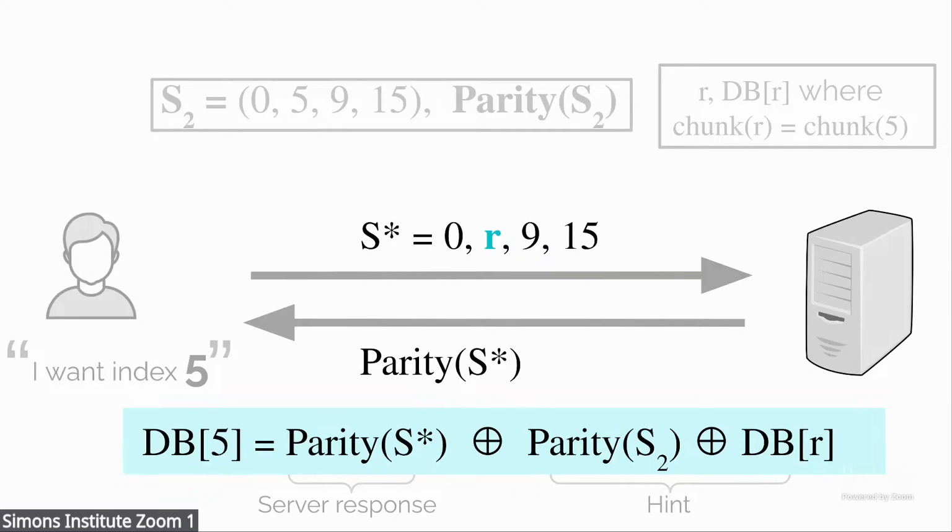And I can reconstruct the database at index 5 by computing a simple XOR. In particular, these two values come from my hint, and this is the server's response. So correctness can be checked fairly easily. And the question is, why is this scheme secure?